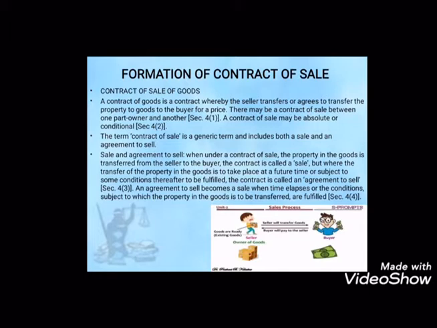Then this contract is called an agreement to sell. This agreement to sell will become sale only when the future time has come, or the conditions like demand or requirement are fulfilled, or the conditions subject to which the property in the goods is to be transferred are fulfilled. This is how a contract is formed between the two parties.